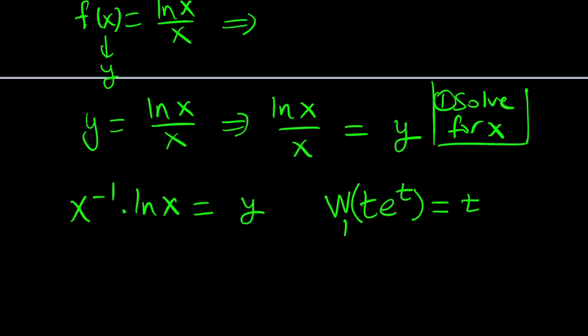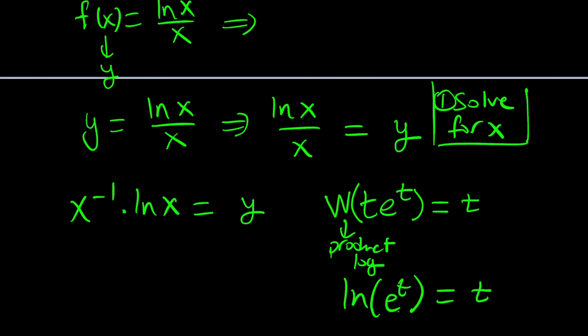That's why it's called the product log: with the ln function, if we apply it to e to the t, we get t. From an exponential, we get the argument t. From a product like this, we have to apply a special function. We cannot express it like the ln function. That's why we call it W.